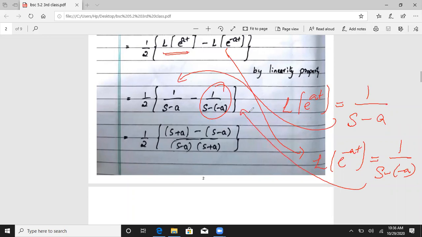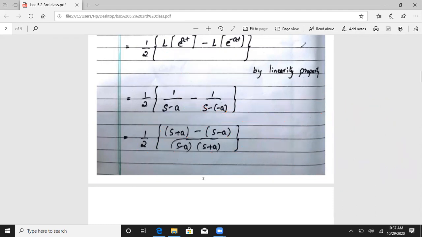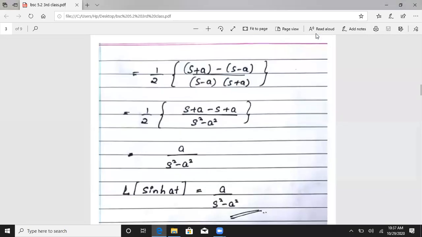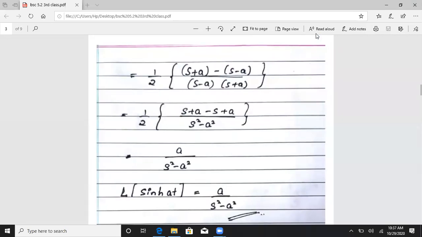When we simplify this function, 1 by 2 is a constant as it is. Then we cross multiply here: s plus a minus s minus a, and the denominator is as it is, s minus a into s plus a.